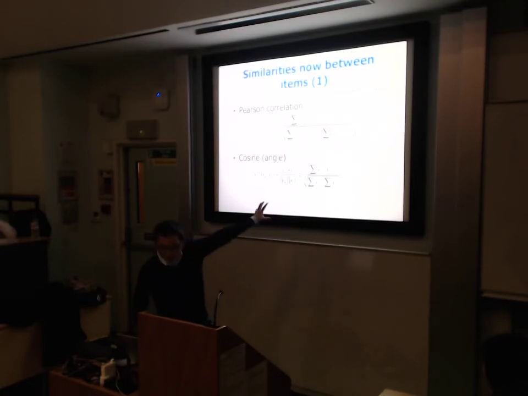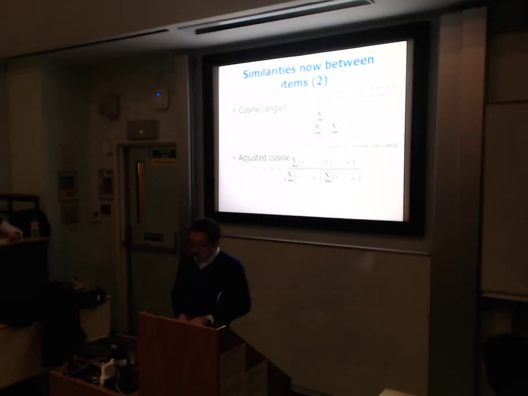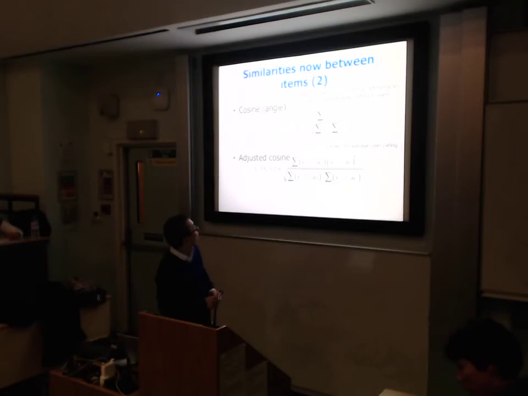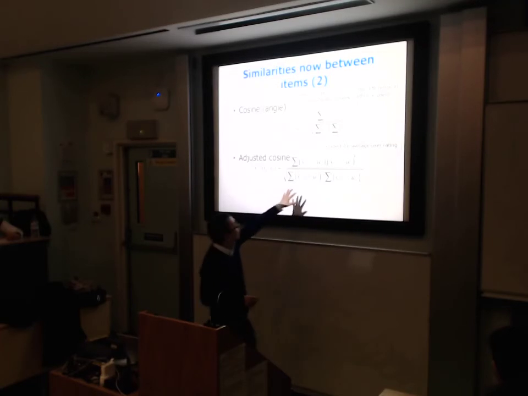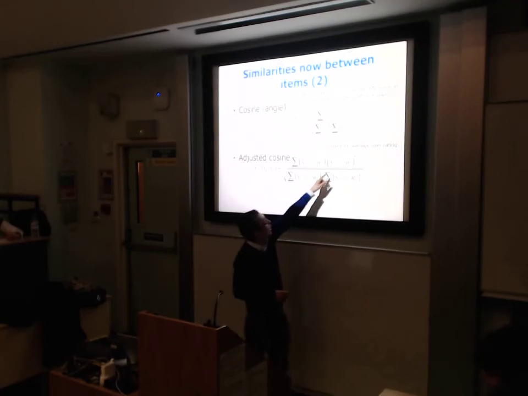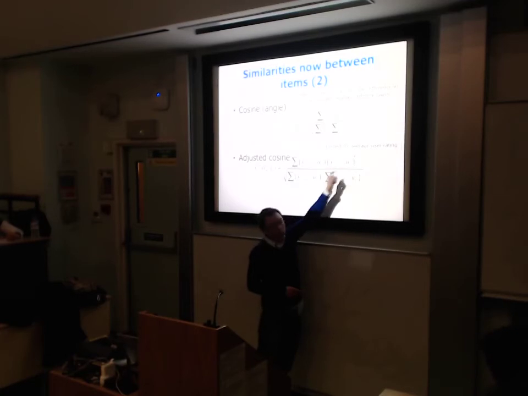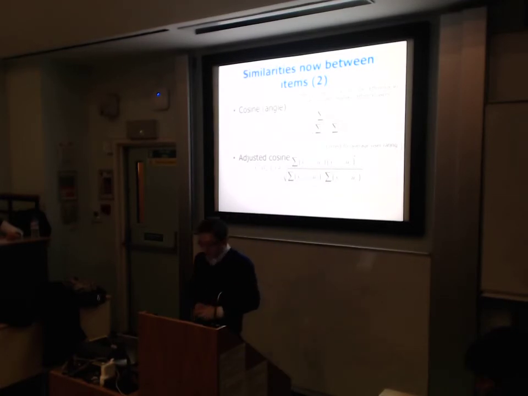These two are quite similar to the user-based approach. However, people find that the cosine angle does not take into account the different rating scales between users. So what you usually do is correct for the average user rating. This is called adjusted cosine similarity.